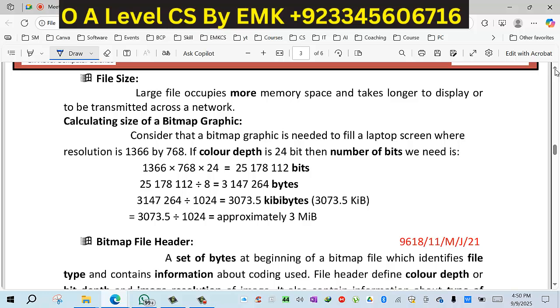Remember, let's suppose this is a question where screen resolution is given to you and color depth is given to you. These are the two important values that you need whenever you want to calculate the size of a bitmap image.